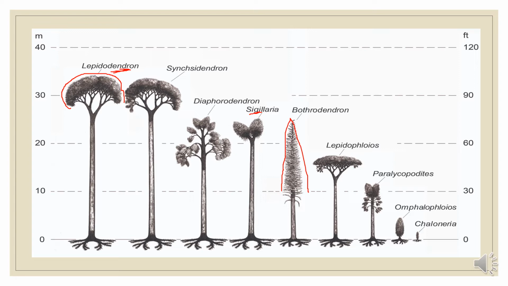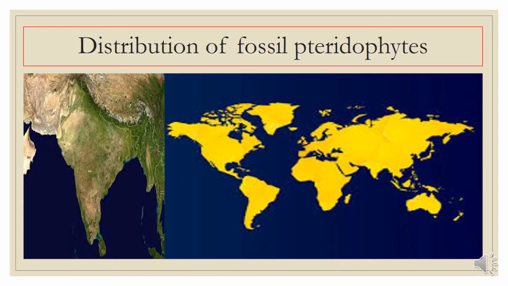And about the distribution, they were very common. They were mostly found in this region of America, in Canada, also some regions in Scotland, in some African countries, and even in the Southeast Asian countries.